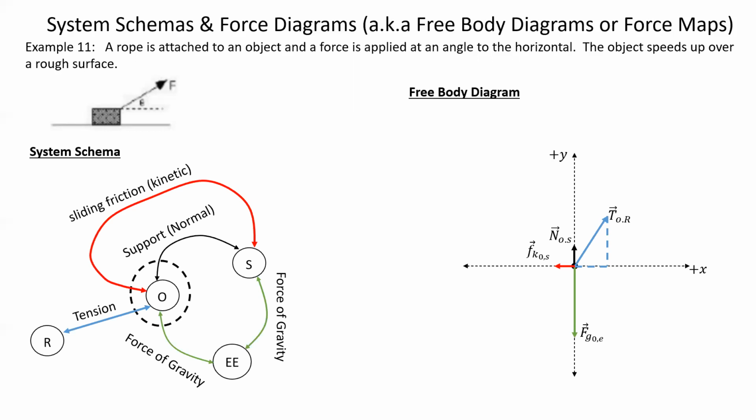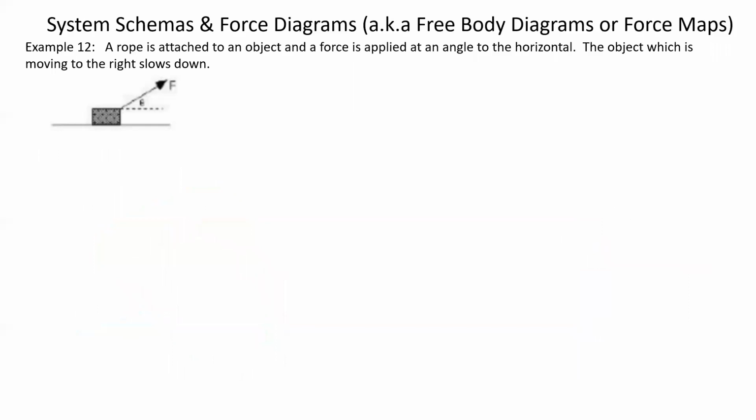But notice the x component of the tension is longer than the kinetic friction force. Therefore, this is not equilibrium. The net force is not 0. In fact, the net force is equal to the difference between the x component of the tension and the kinetic friction force.